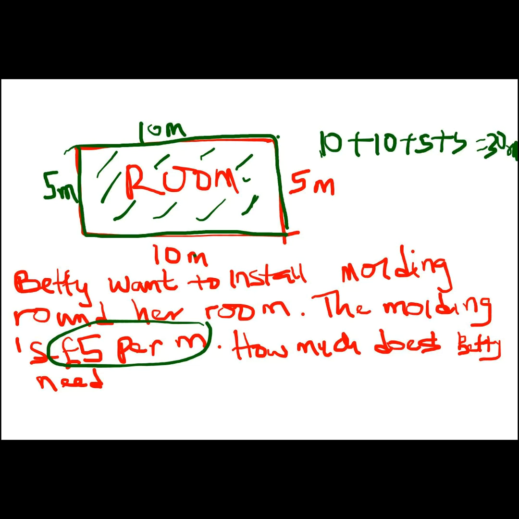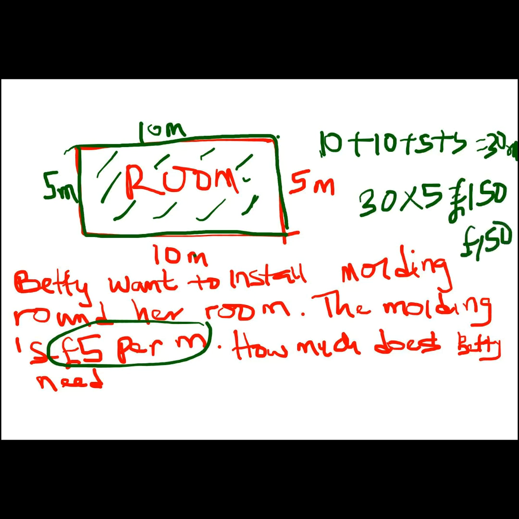Yes, you are right. If for 1 meter you are paying 5 pounds, how much are you going to pay for 30 meters? I'm going to pay 150. Yes, you're right. It's 150 pounds.